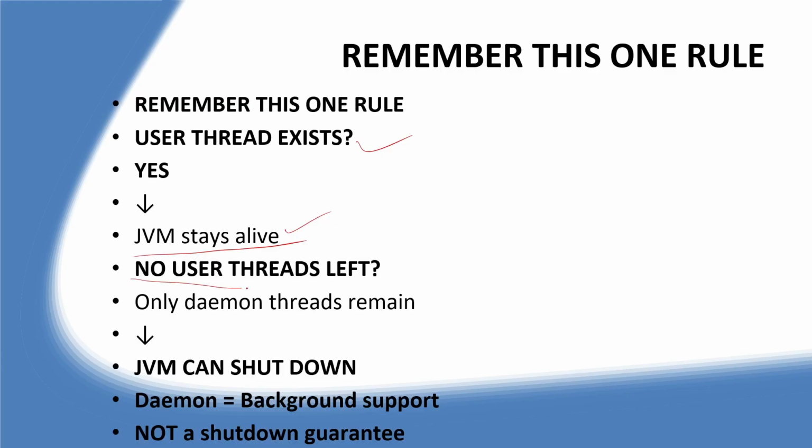If no user thread is left, meaning all user threads have completed their task and only daemon threads remain, in that case the JVM will start its shutdown process. And when the JVM exits, all daemon threads will be terminated immediately. So that's how it works in the background.